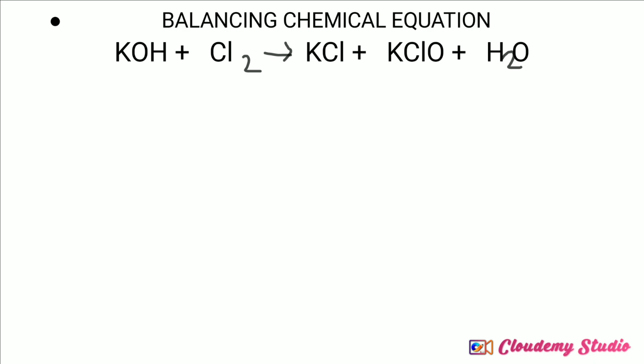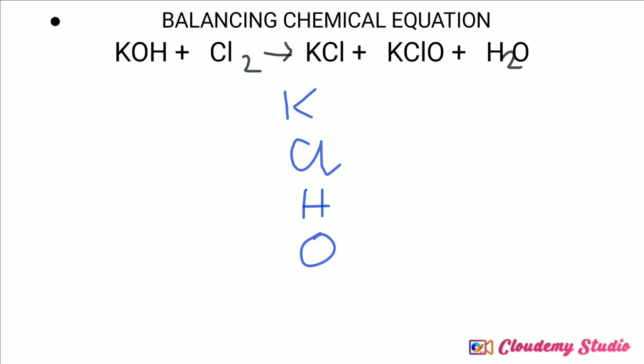First of all, we can list out the atoms of the reactants and the products. The atoms are potassium, chlorine, hydrogen, then oxygen.